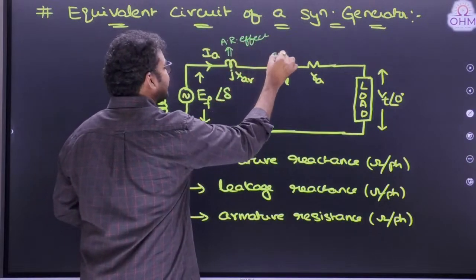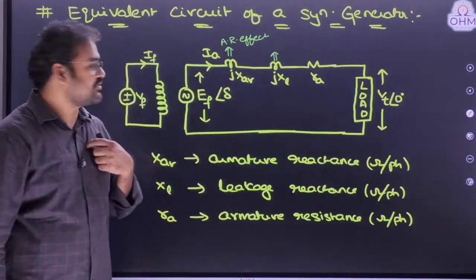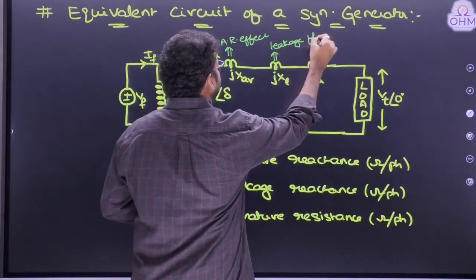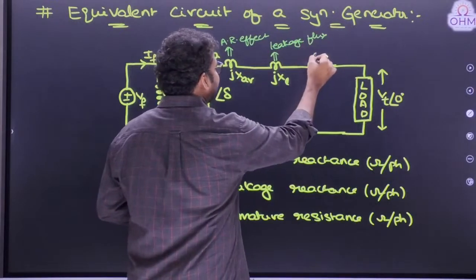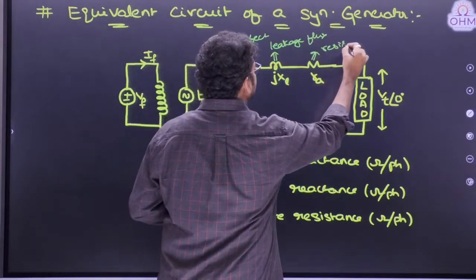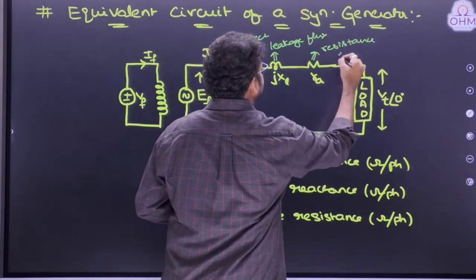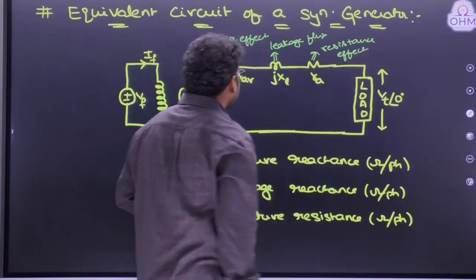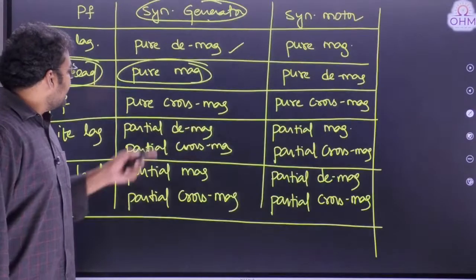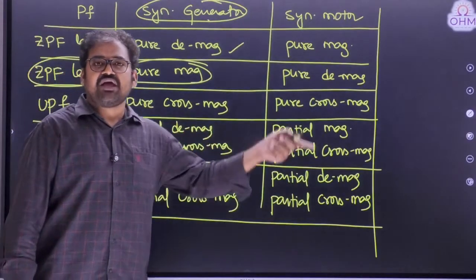And then the second effect is leakage flux effect. And finally, armature winding resistance effect. We just studied what is the effect of armature reaction already. It may be either demagnetizing or magnetizing.